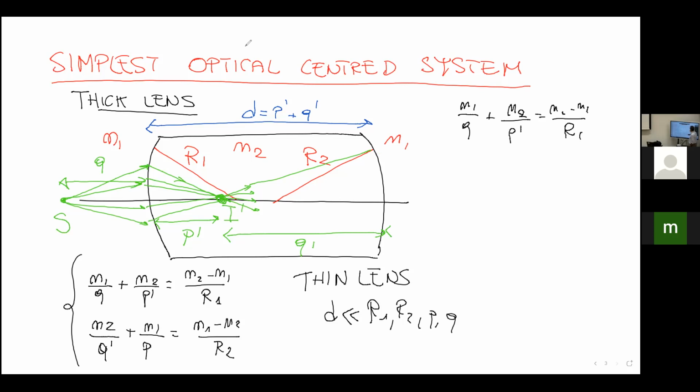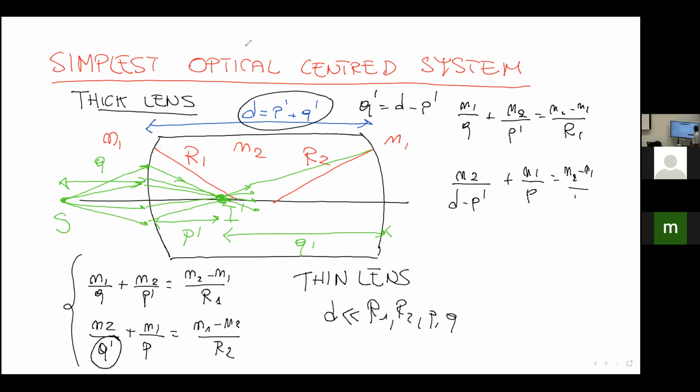In the second equation, instead of Q prime, I can work it out from here: Q prime is D minus P prime. So I can write here N2 divided by D minus P prime plus N1 divided by P must be equal to N2 minus N1 divided by R2.